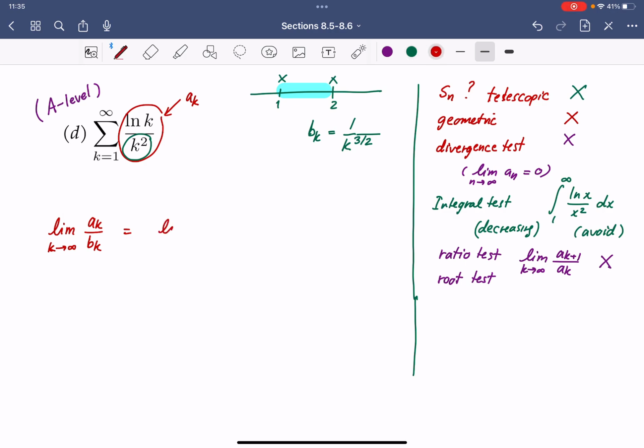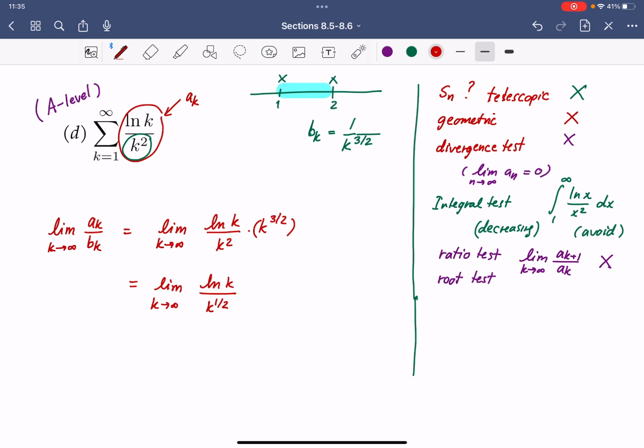So it's going to be the limit of log k over k squared, and now because you pick b_k to be 1 over k to the power 3/2, it's going to be k to the 3/2 here, and then you make the cancellation, so it's going to be the limit of log k over k to the 1/2, right?